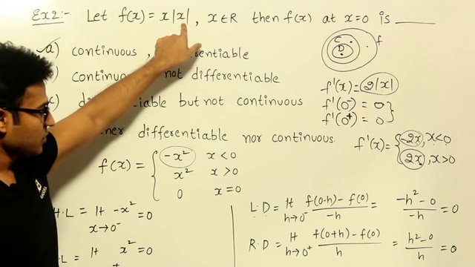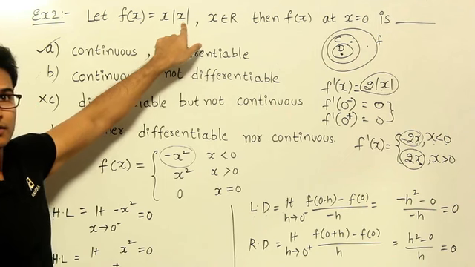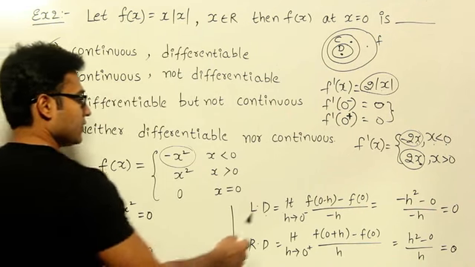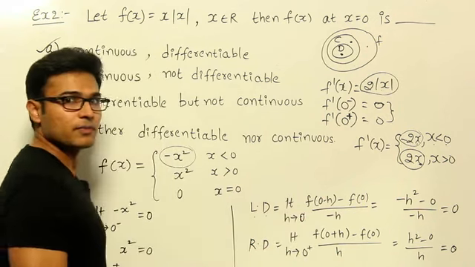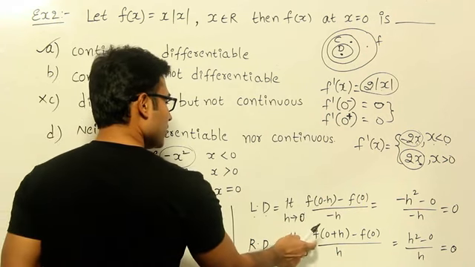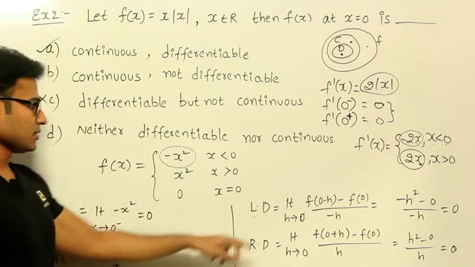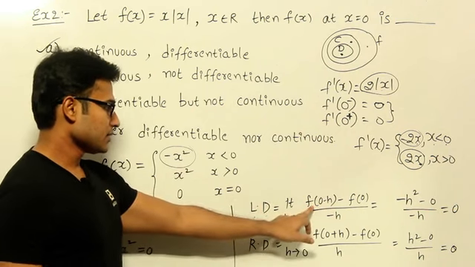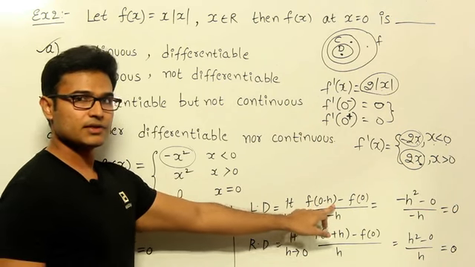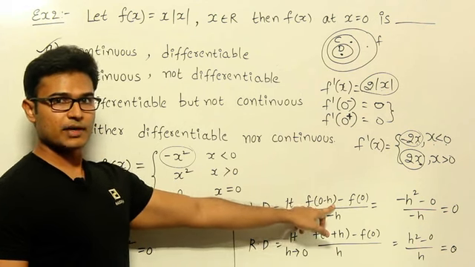So now if you substitute h, a positive number, let's say h is a small number which is close to 0, right? We need not write 0 minus and 0 plus. Now if you write f of 0 minus h, which means in place of x you are supposed to substitute minus h.